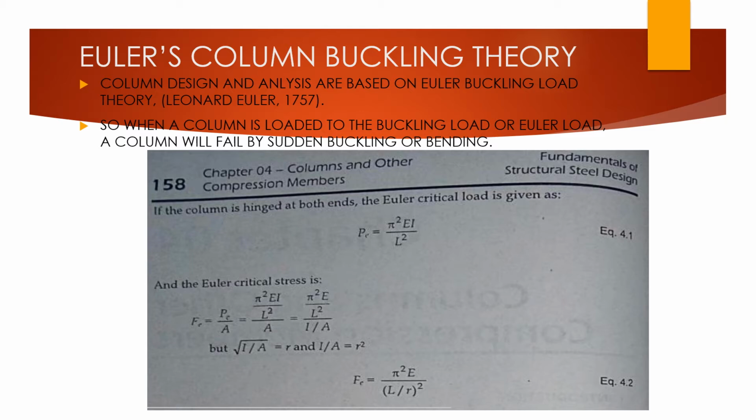Euler's theory is based on certain assumptions related to the point of axial load application, column material, cross-section, stress limits, and column failure. The validity of Euler's theory is subject to a condition that failure occurs due to buckling.